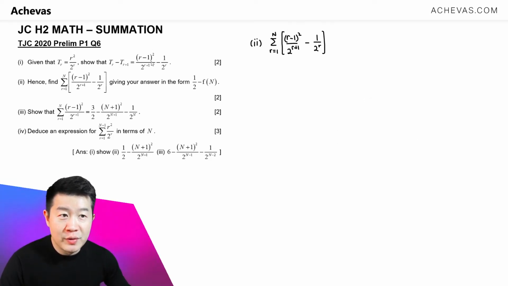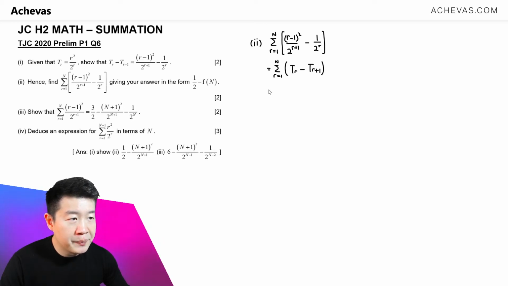We're going to make use of the result that we have gotten in part 1 to evaluate this summation. And we will be replacing this by TR minus TR plus 1. So we will be summing R starting from 1, ending at n, of TR minus TR plus 1.